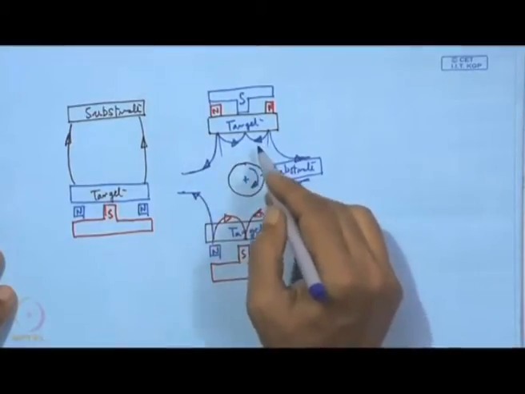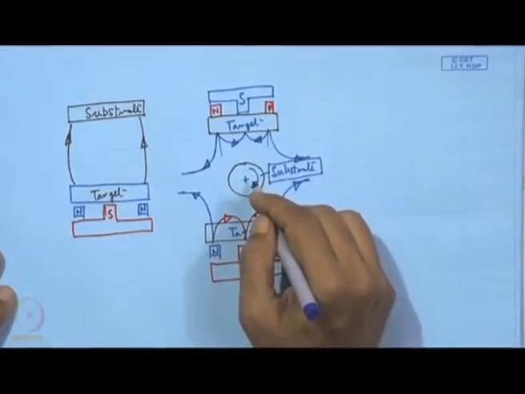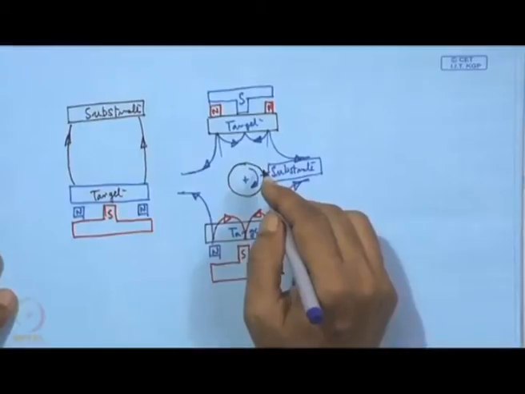So, both the fluxes will have a low density, and expectedly the coating will have a porous structure.